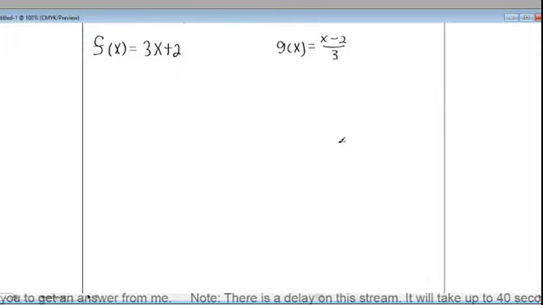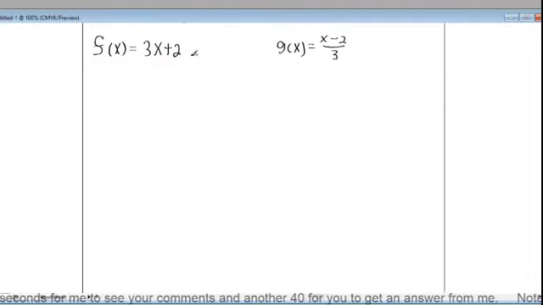Okay, so at first glance, there might not be anything apparent about these two functions. They look like normal little functions. However, notice, first of all, they have the same numbers in them. We have 2 and we have 3. Also, this one takes x, multiplies it by 3, and then adds 2.